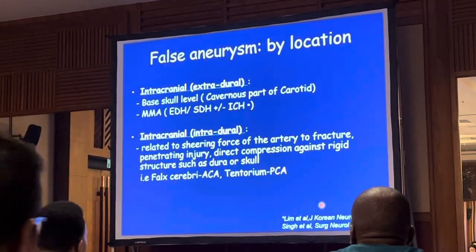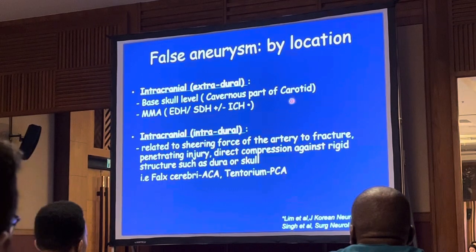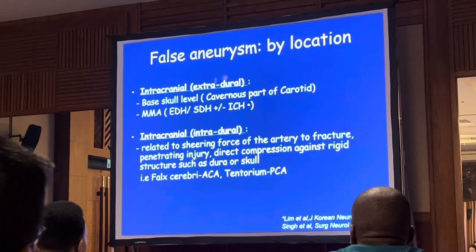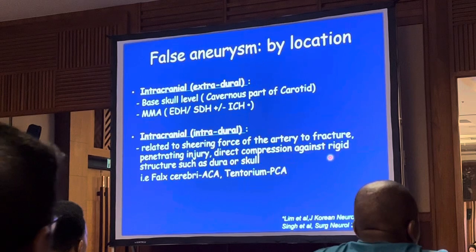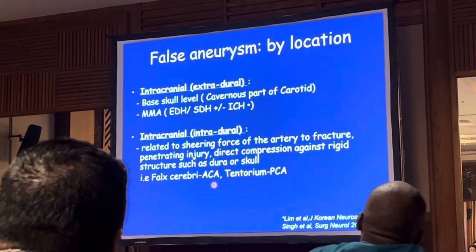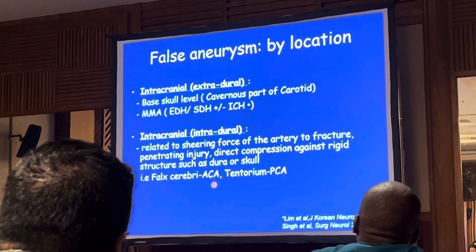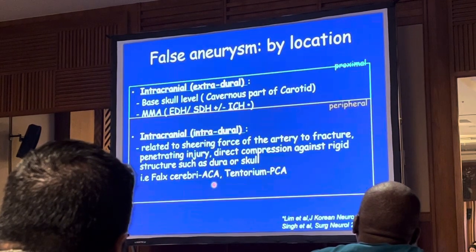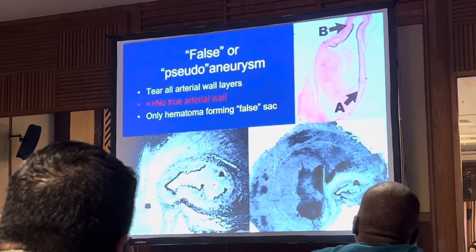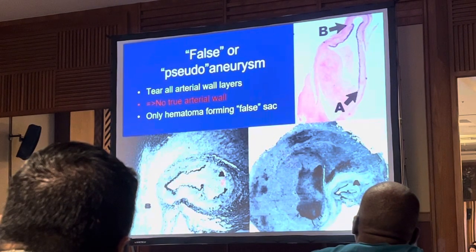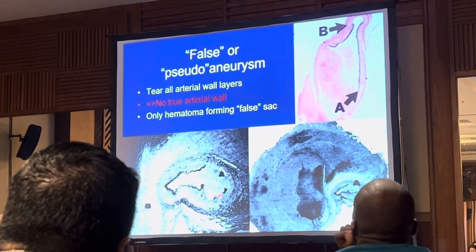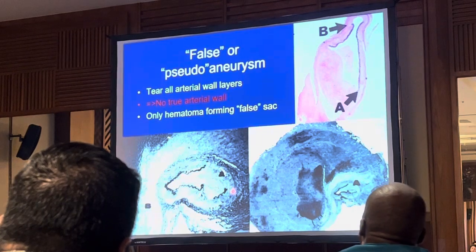So the most common false aneurysm is still at the base skull, whereas the relationship with the intracranial, it could be relationship with the fixed structure, for example, the falx cerebri and the tentorium. There are typical pathological pictures showing how false or pseudoaneurysm are.